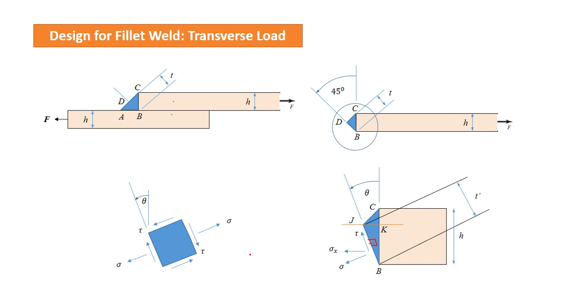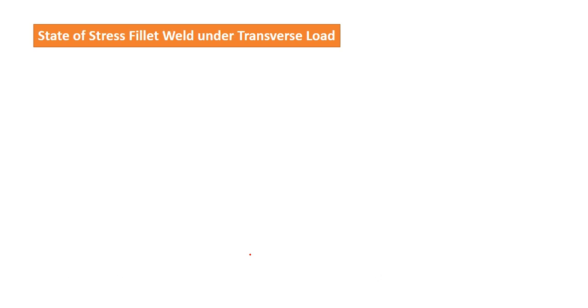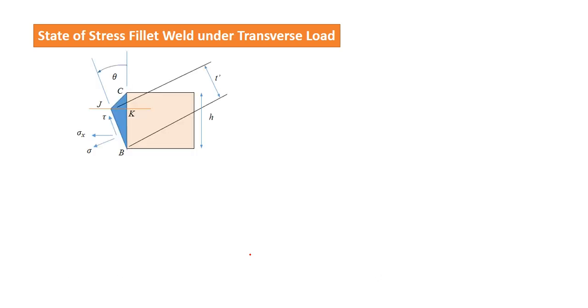So now let us try to analyze how the stresses are acting on the plane. I have reproduced the two figures. Then sigma x is given by F divided by H into L, because the area which is resisting this is H into L. So here weld length may be L.